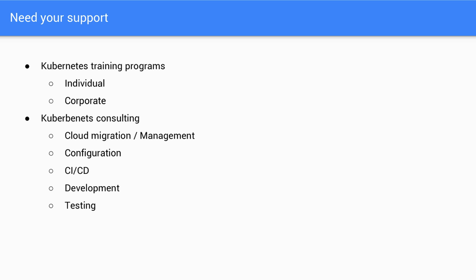Siva is asking what the content will be for the next session. Next session I'm planning to cover services, where we'll talk a little bit about networking. We'll look into the different types of services to expose each of the pods.